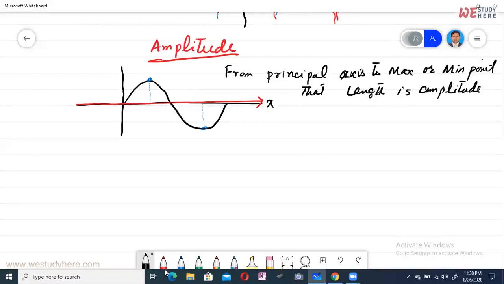Then after that, we will discuss some different types of trigonometric functions.